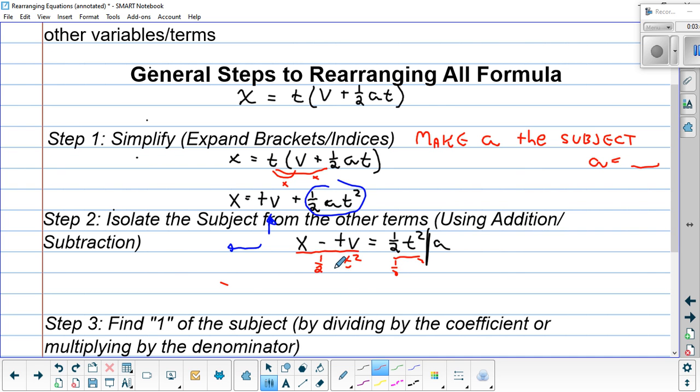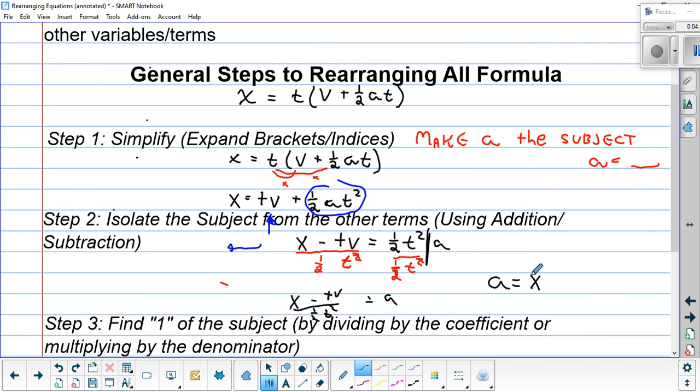Sorry, I made a mistake there. I'm just so used to it, because that's actually an equation from physics that you might get to use. So on the left hand side, we have x minus tv over 1/2 t squared, and that's going to be equal to a. I'm going to write it always as a equals, okay?